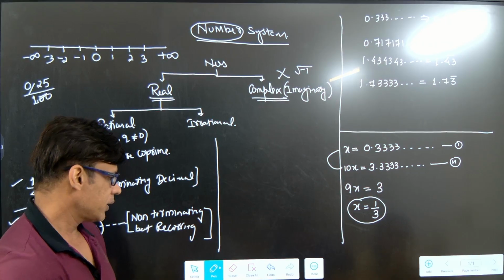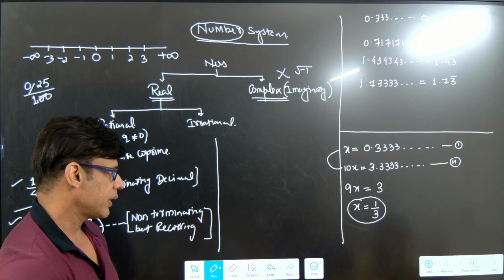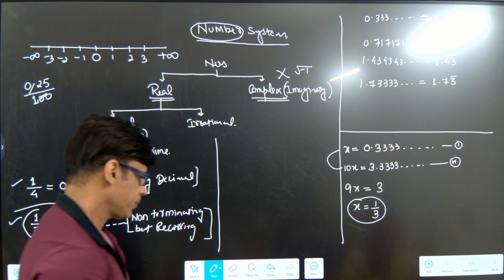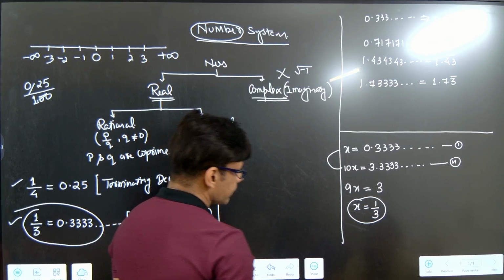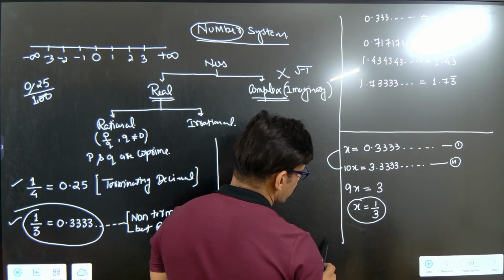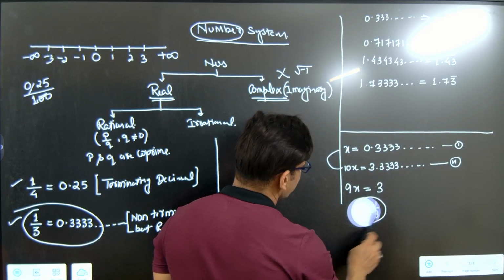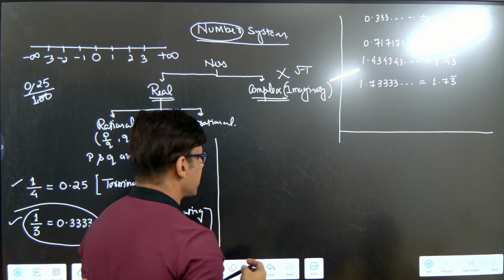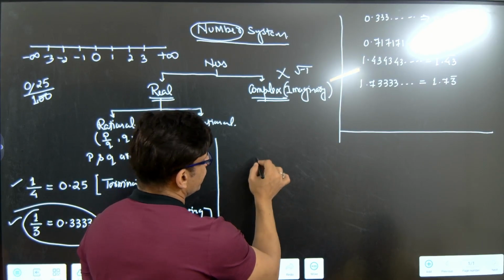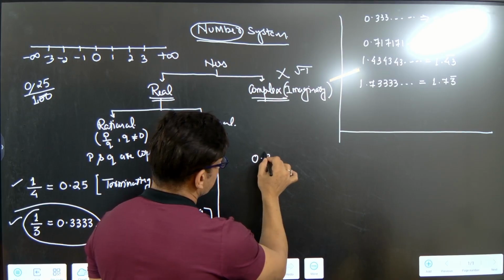Now, how to convert such a number into the form of p by q? Let me explain. First, you write 0.3 bar.